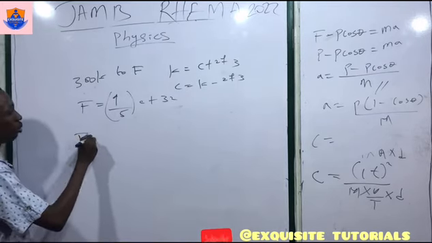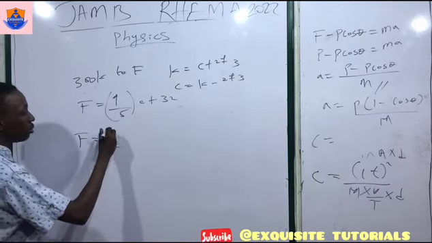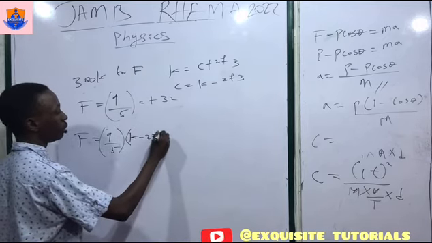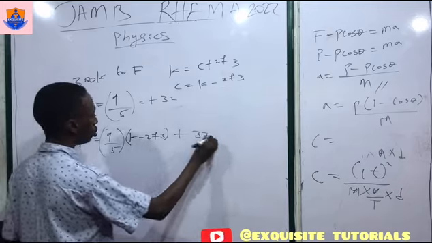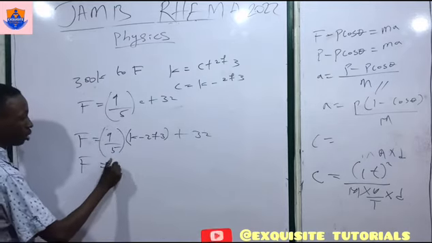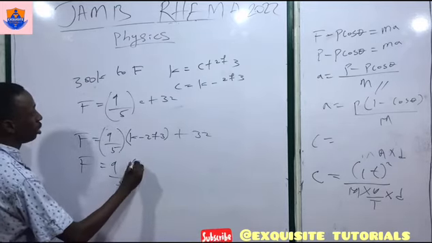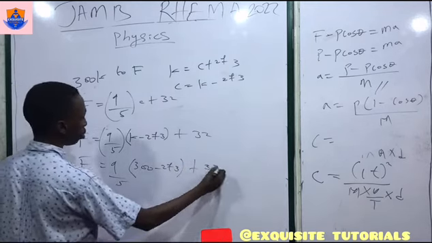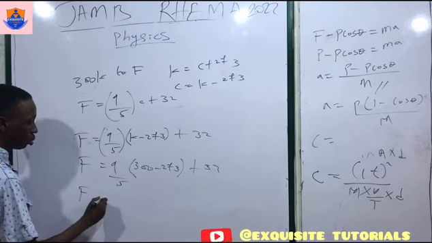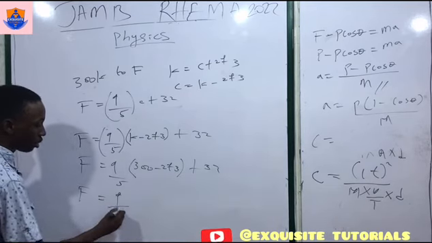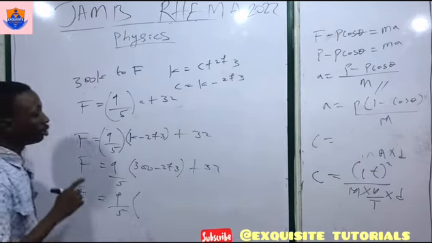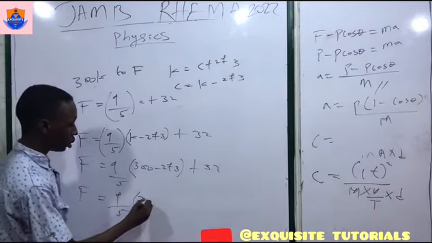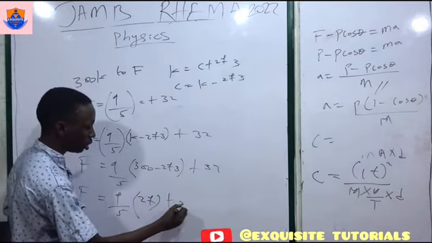So we can say F is equal to 9 over 5 into (K minus 273) plus 32. Then F is equal to 9 over 5 into (300 minus 273) plus 32. 300 minus 273 gives us 27, plus 32.